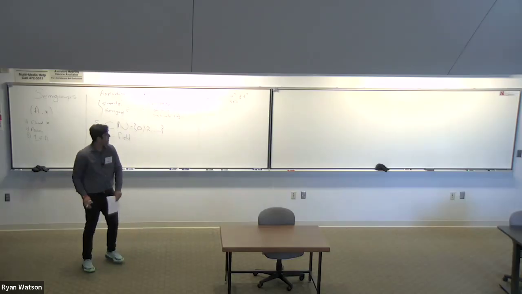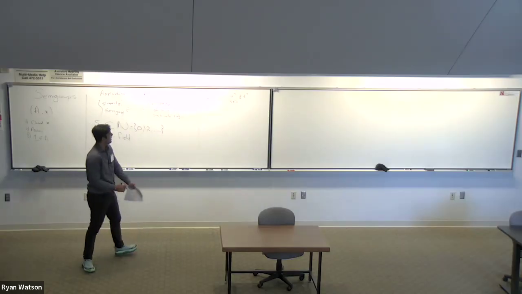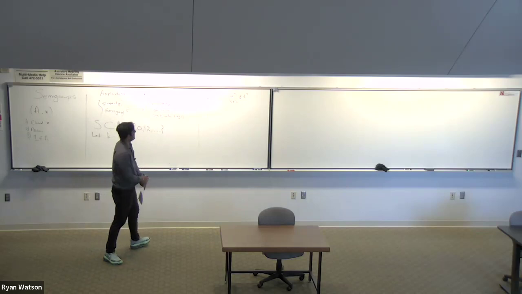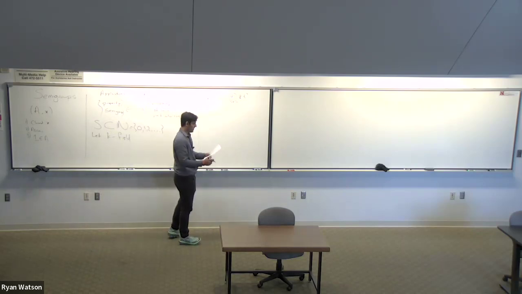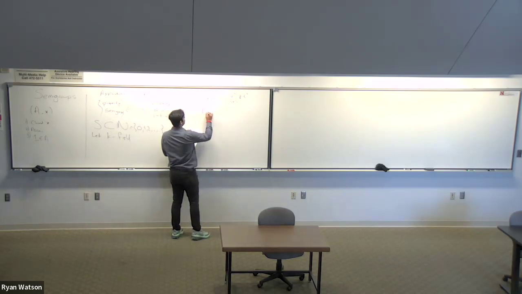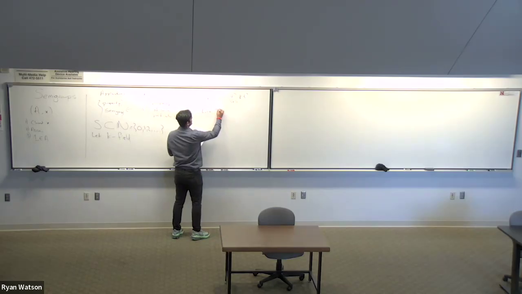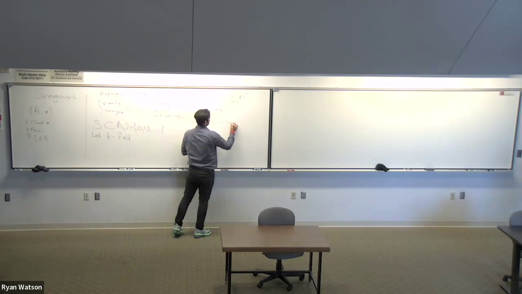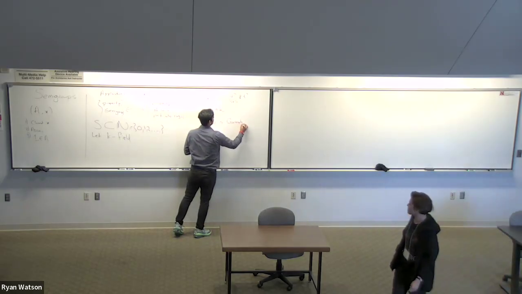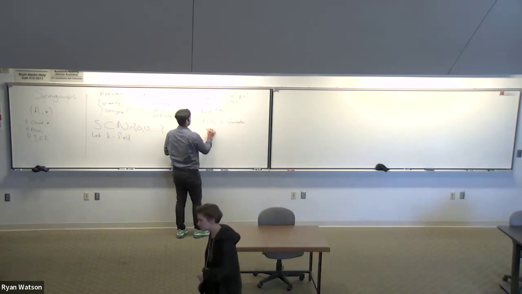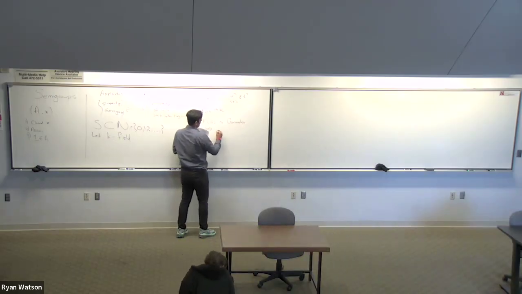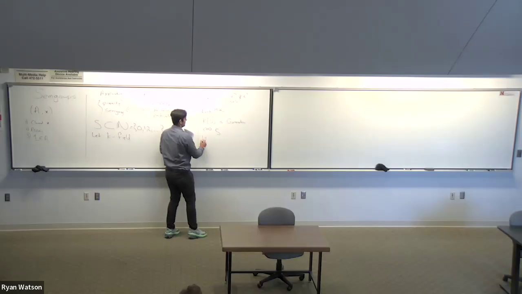Let me give you the result. Kunz, in 1970, showed that this ring K[S] is Gorenstein if and only if S has the following properties.